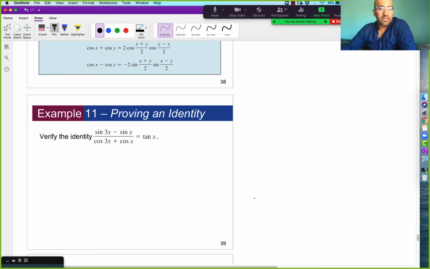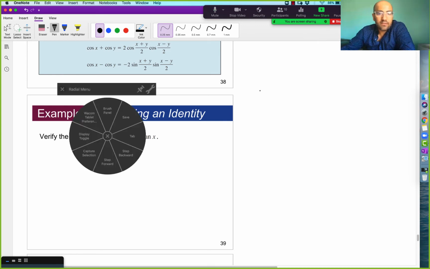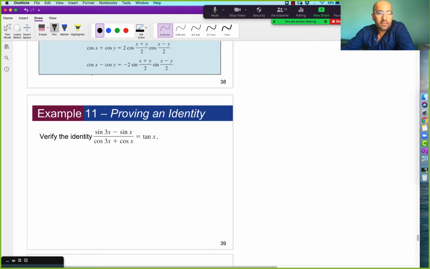A common mistake, though, at this point is that people think this is true: sine 3x minus sine x. Very common mistake is people think that this is something you can factor, sine 2x minus 1, right? That's not true. This is a 3 multiplying the angle. It's triple the angle. It's not the same thing as cubed, right?